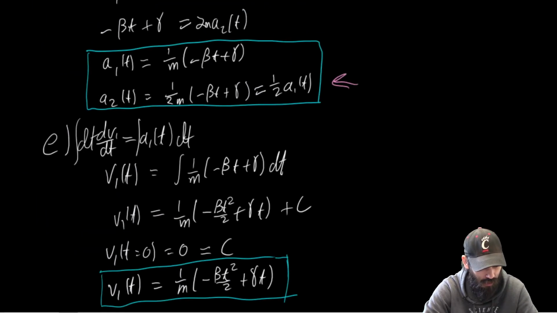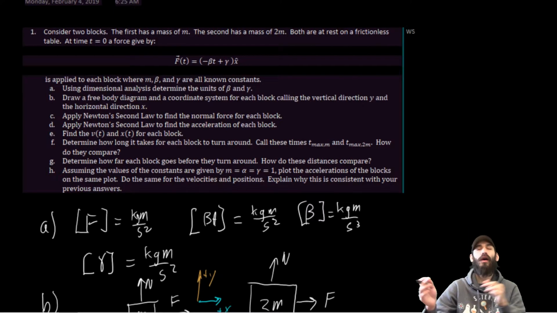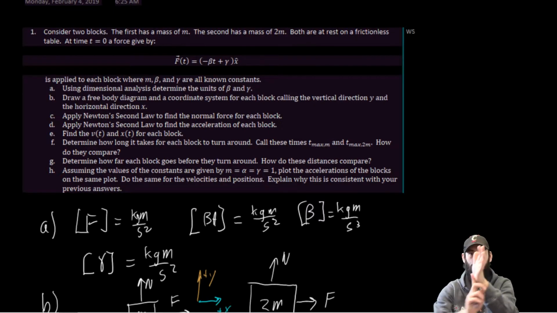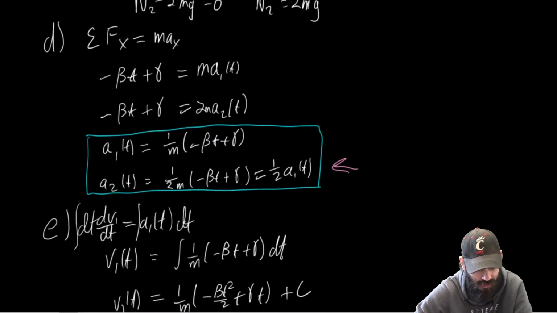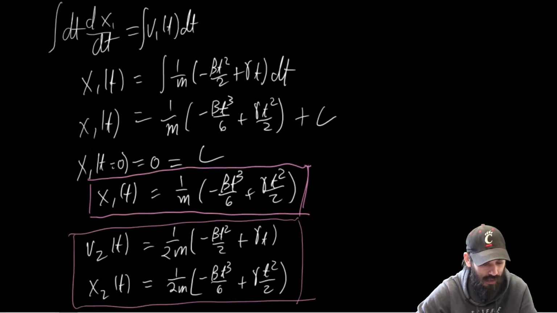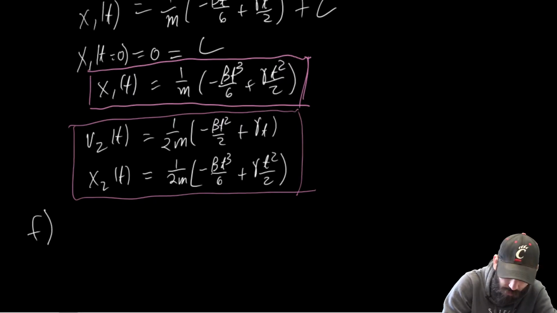Okay, so the next thing that we want to do is determine how long it takes for each of the blocks to turn around. So why are these turning around? It's because the force that I'm applying to this is changing, and then at some point it changes direction entirely. So as always, when we're talking about whether something turns around or not, this is going to be to say that the velocity as a function of time, and we'll just look at the first one.